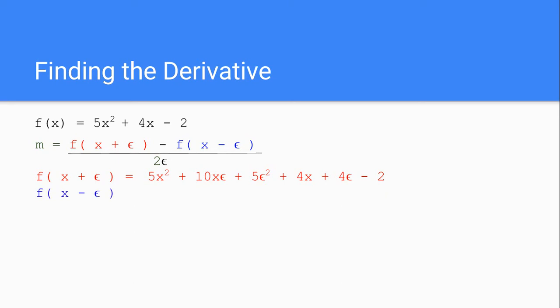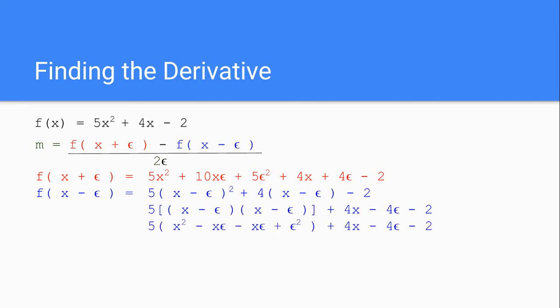So now we're going to do the same with f of x minus epsilon. We're just going to plug x minus epsilon into where x is supposed to be, and carry out the math to simplify this. And as you can see, this is what we get this time.